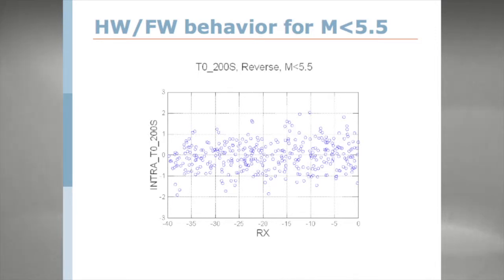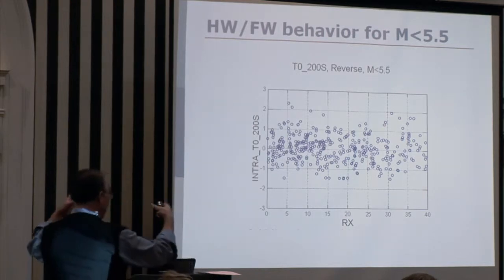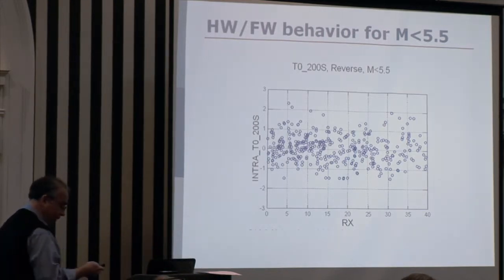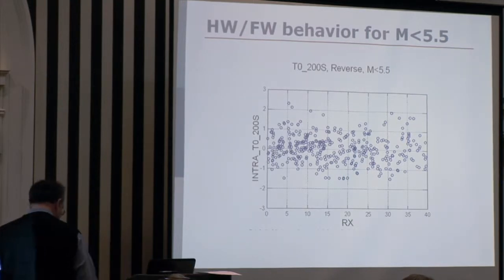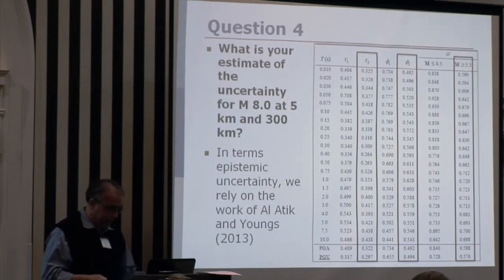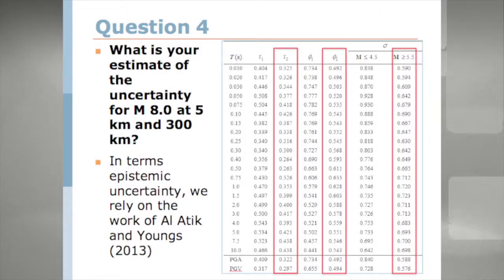So not too bad. Let me go back one more thing. For 5.5 and lower, even the hanging wall model really is not applicable for that small magnitude, but the overall behavior is not that bad. Question 4: estimate of uncertainty for magnitude 8.5 and 300 kilometers.